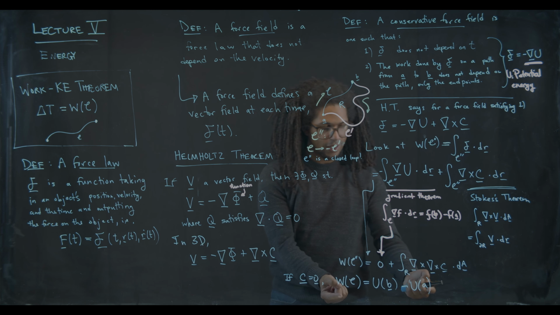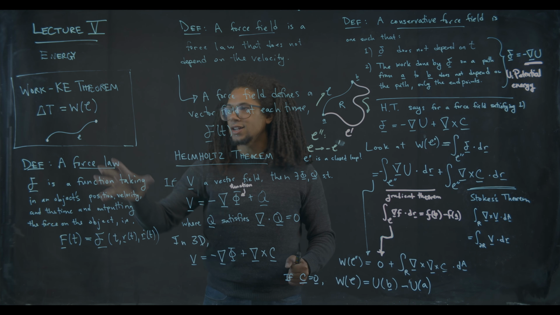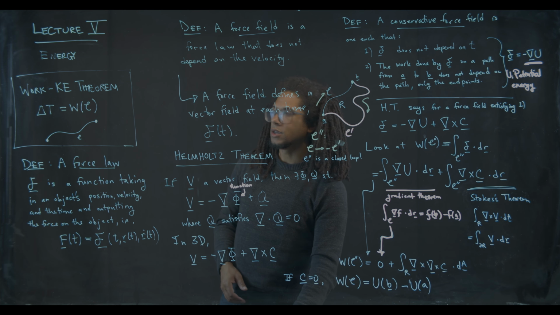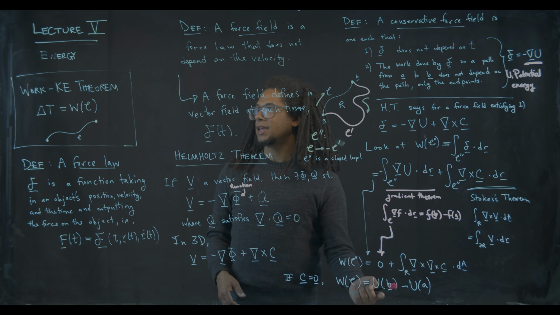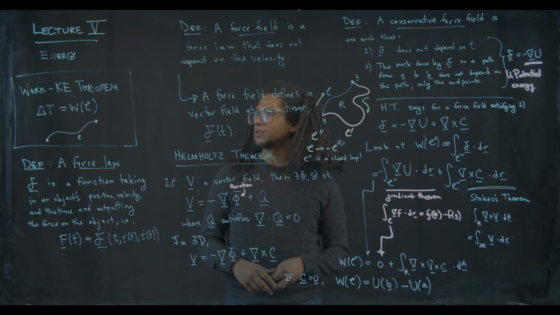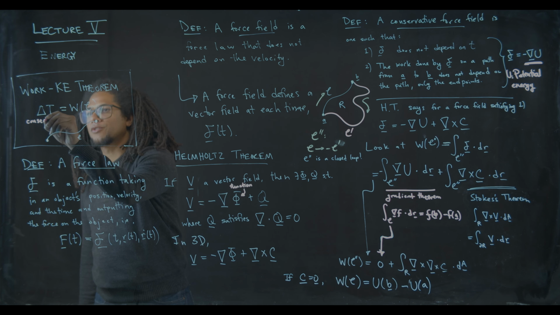Now, let's take this together with the work kinetic energy theorem, and we'll finally get what we've been promising all along. So, if we end up in the case where we have a conservative force field, then we get the following.